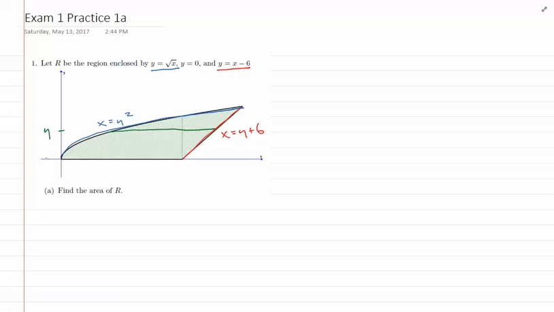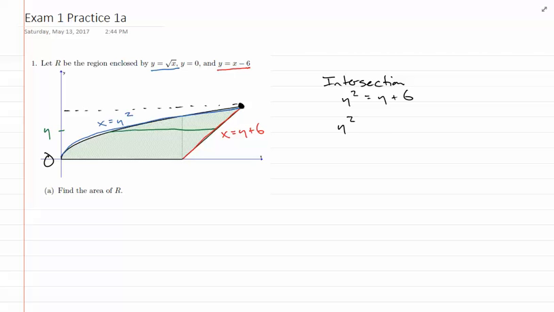Okay, the range of y: the bottom y is down here at y equals 0. That's pretty easy. The top y, we're going to have to figure out by calculating that intersection point. So let's figure out where y squared is equal to y plus 6.